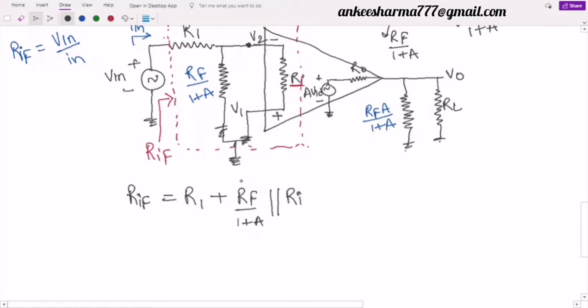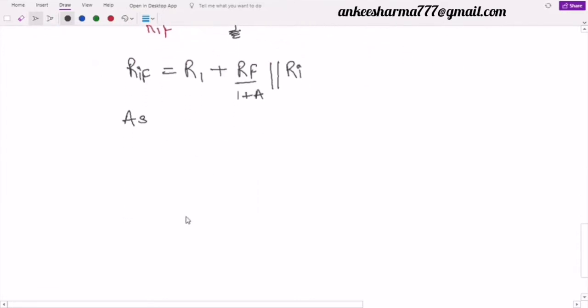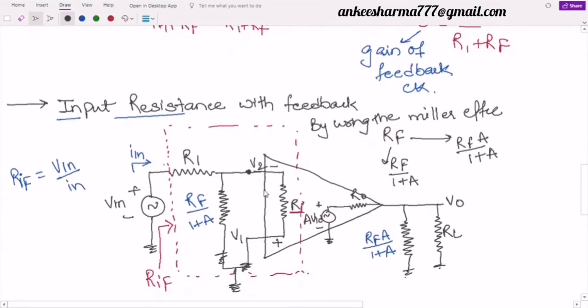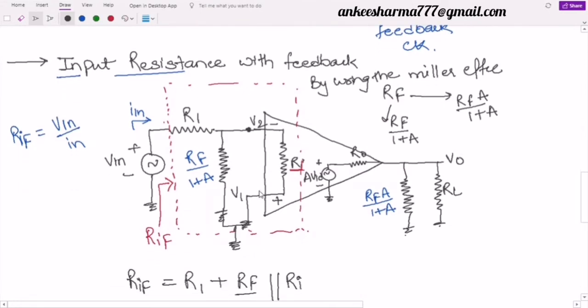So can I say that as A and RI are very large, I will write here that RF upon 1 plus A in parallel combination with Ri will be almost equal to 0, or you will get the conclusion that your input resistance with feedback has now reduced, it is equal to R1 in the case of voltage shunt feedback, whereas in the voltage series we have seen it has increased.